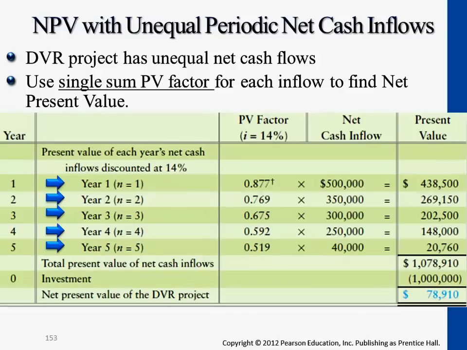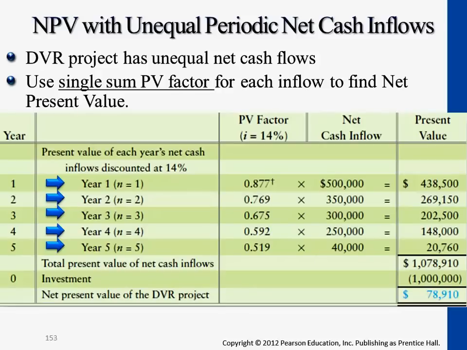Same 14%, a different PV factor. So on and so forth. Add them together, this is the total net cash inflow you're getting. Compare against the initial cost, again, $1 million. So this one is also positive, and it's actually higher than the other one. So if these are the only two options, you'll be choosing this one instead of the other.